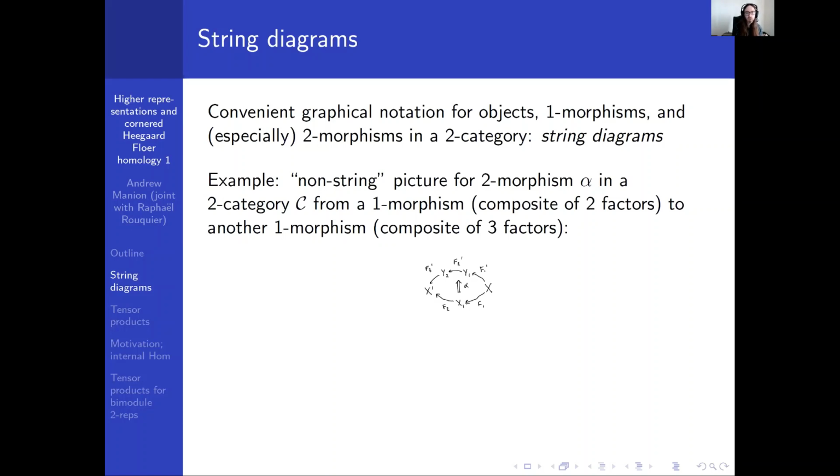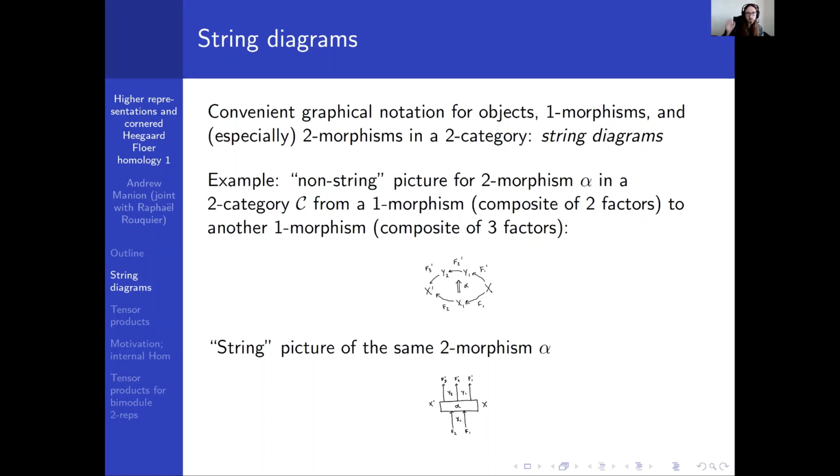And I can draw a picture like this to indicate a two morphism alpha from f2 of f1 to that top composition. Okay, so this is the normal, non-string calculus way of viewing things, but I can draw a string calculus way of viewing things as well. Here, rather than having objects as nodes, one morphisms as edges, and two morphisms as cells, it's reversed.